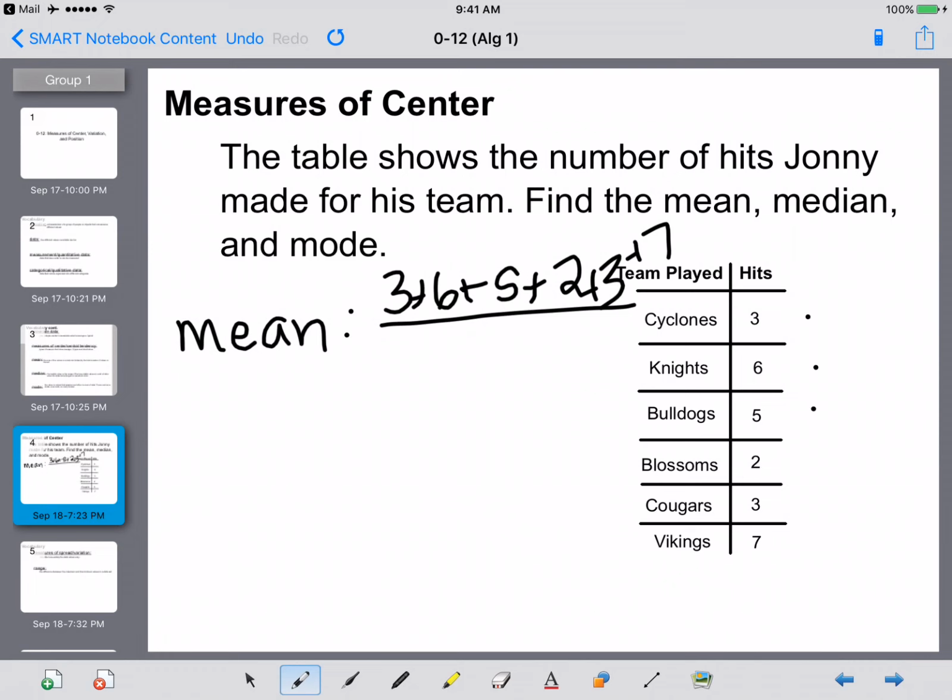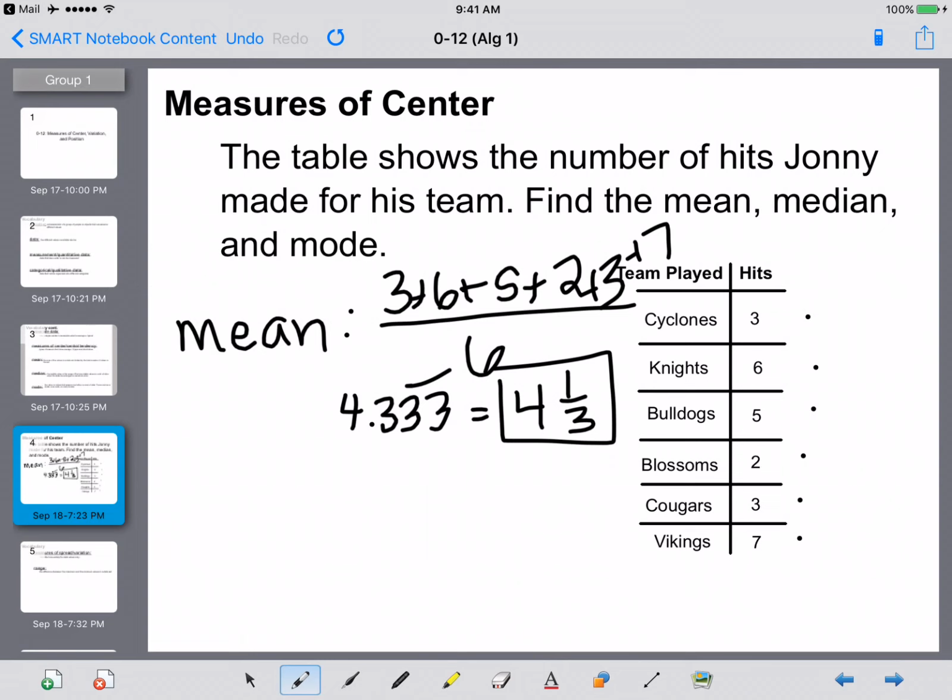So 1, 2, 3, 4, 5, 6. So 3 plus 6 plus 5 plus 2 plus 3 plus 7 equals 26, divided by 6, and I get 4.333 repeating, which I know I can write as 4 1/3. That is our mean.